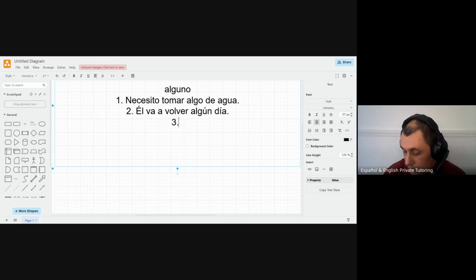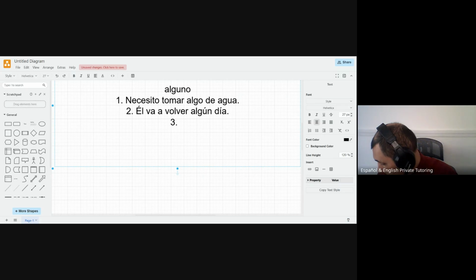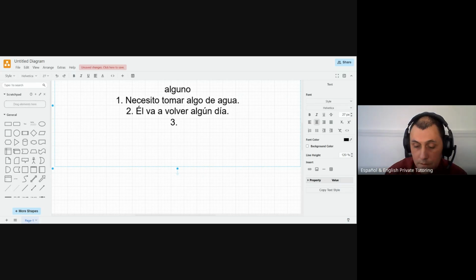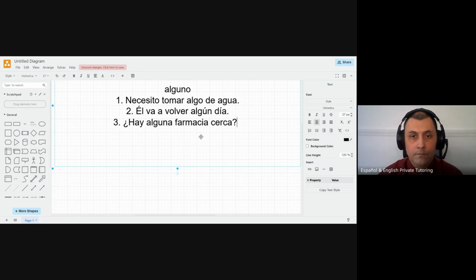The third sentence is ¿hay alguna farmacia cerca? ¿Alguna farmacia? So according to the book, this means some, but not always.